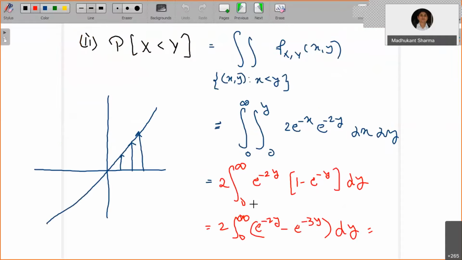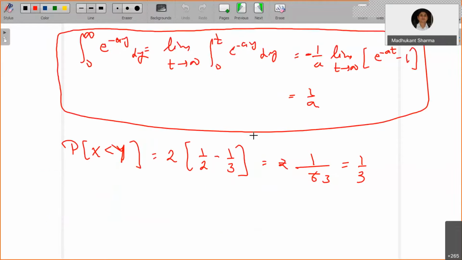I think this is fine, right? 2 to the power, yes. Integration 0 to y of e to the power minus x is 1 minus e to the power minus. Yeah, it's correct. So the final answer here is 1 by 3.